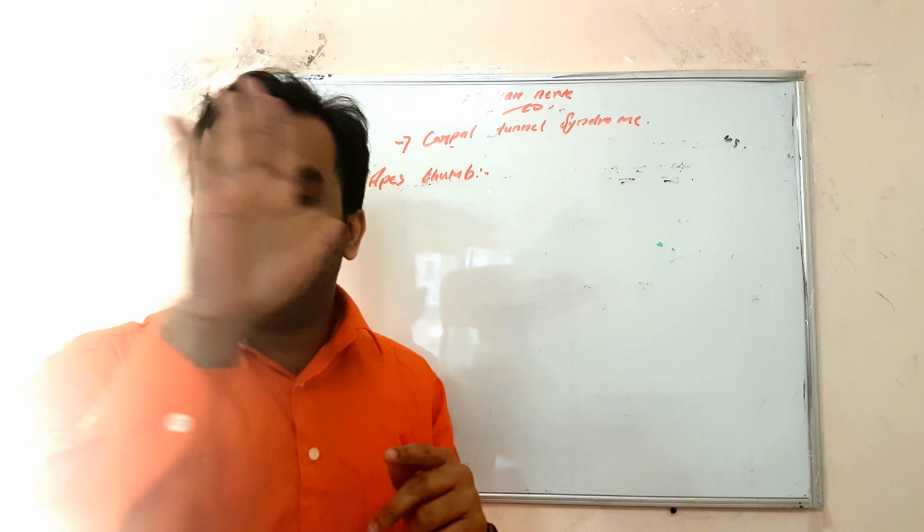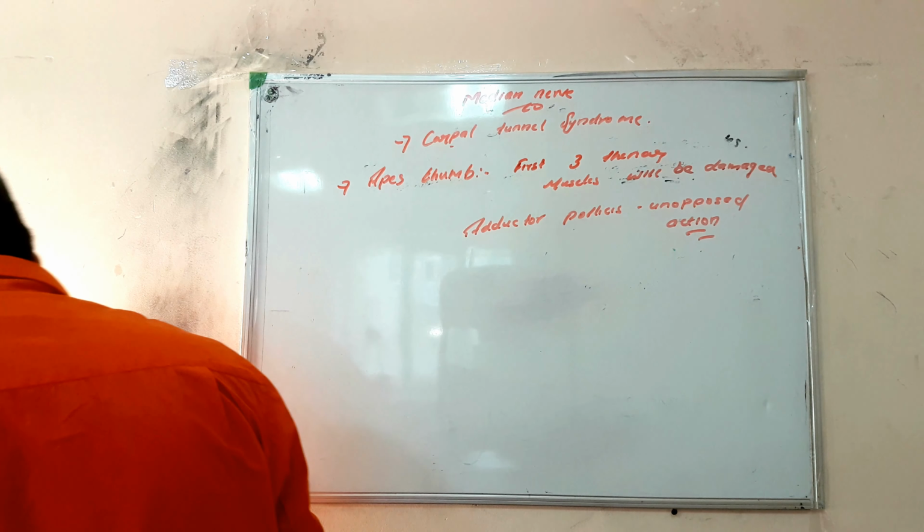So here the first three thenar muscles will be damaged and adductor pollicis spared, right? Adductor pollicis unopposed action. So in clinic you will see it as ape thumb.